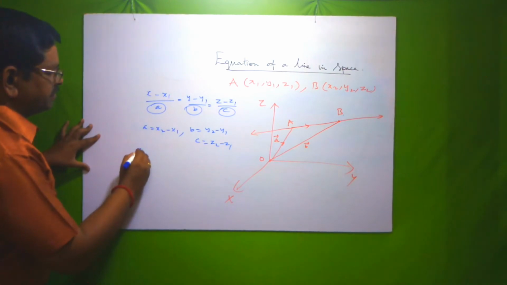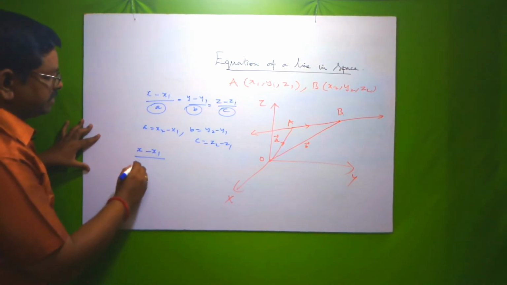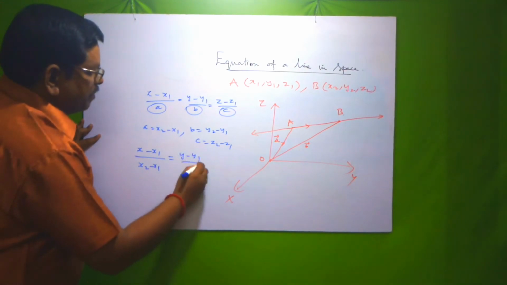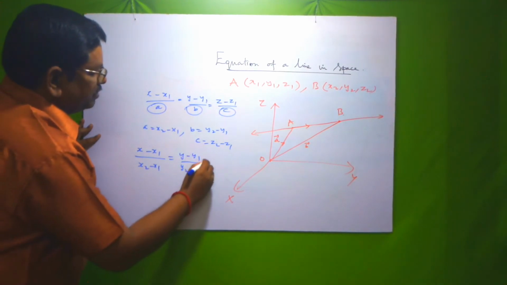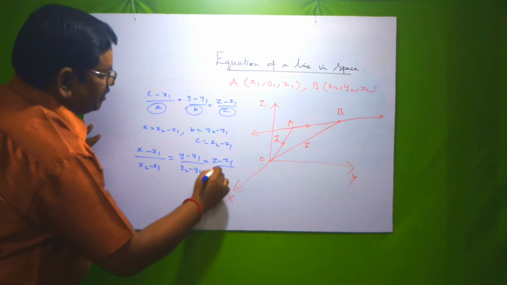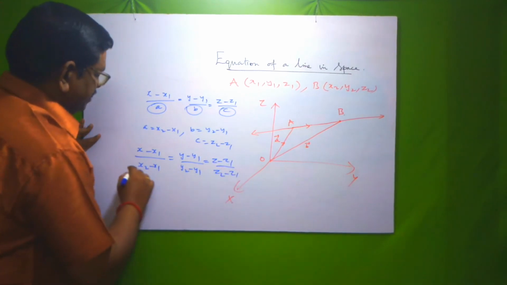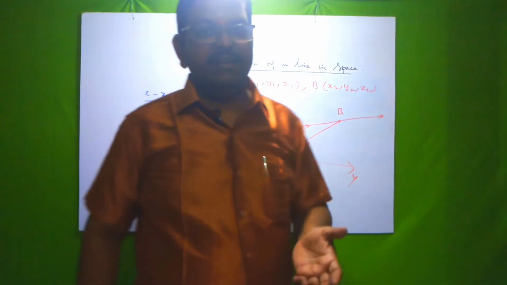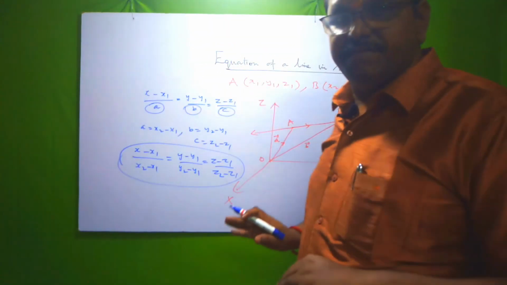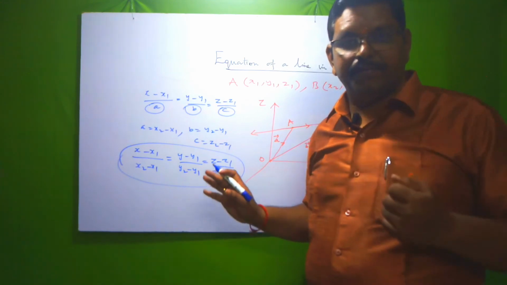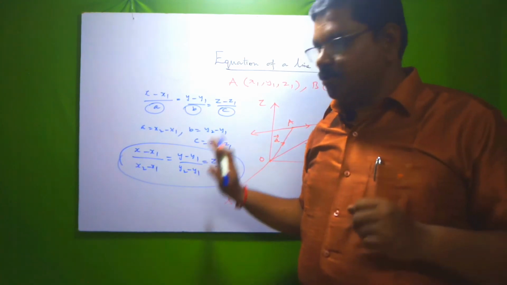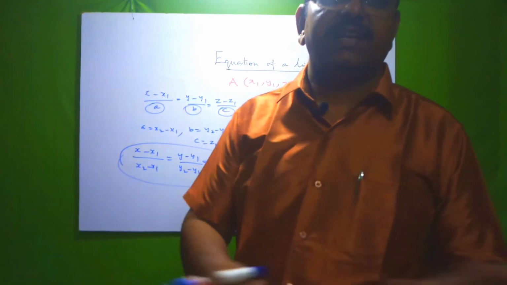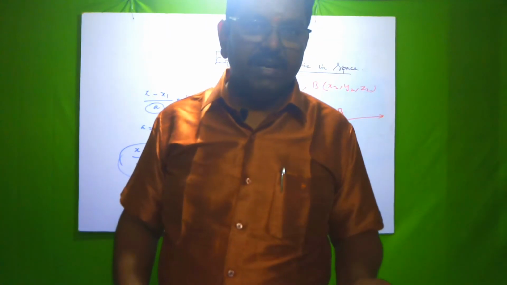When you substitute the values here, we get the formula (x minus x1) by (x2 minus x1) is equal to (y minus y1) by (y2 minus y1) is equal to (z minus z1) by (z2 minus z1). This is the Cartesian form of the equation of the straight line passing through two different points.